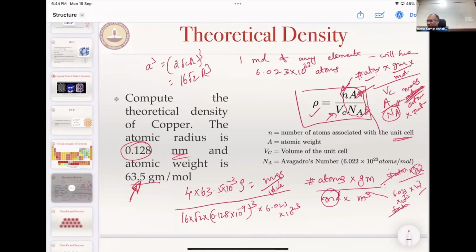That cancels with 10 power minus 3 and becomes 10. So it becomes 4 into 63.5 into 10 divided by 16 into root 2 into 6.023 into 0.128 cube. And that will be my density of copper, isn't it?